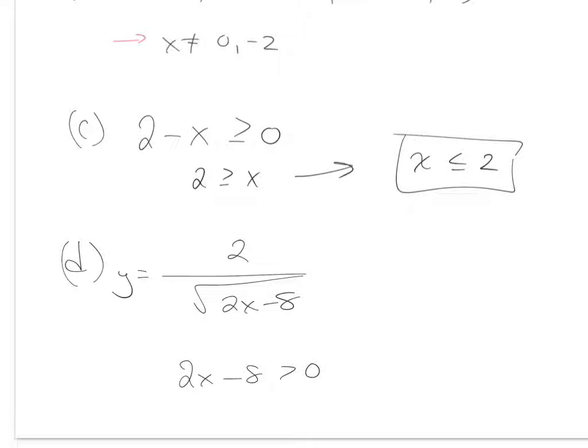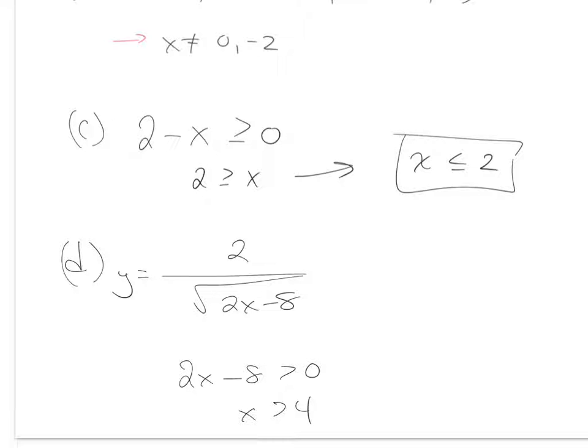We set the radicand greater than 0 because, again, it's got to be positive or 0 because it's under a radical, but because it's in a denominator, it can't be 0. So this has to be positive. And then when you add 8 and divide by 2, you're going to get x is greater than 4.